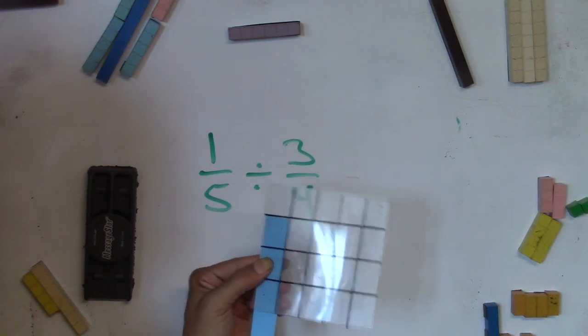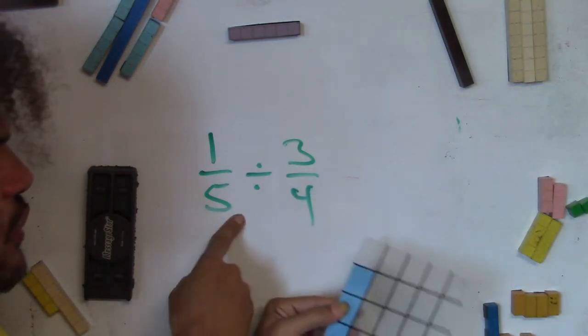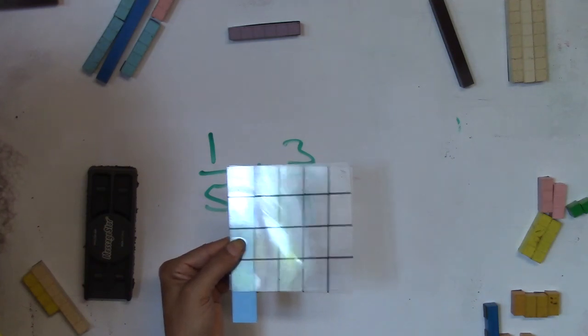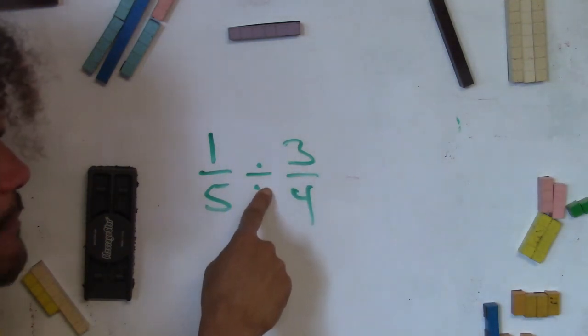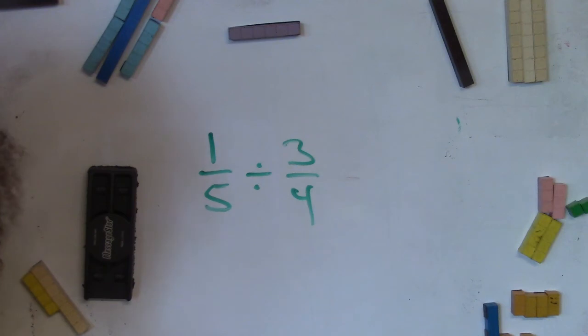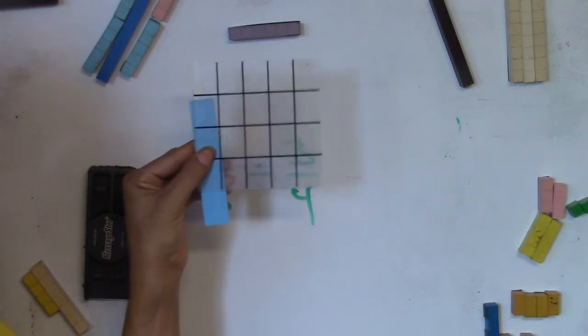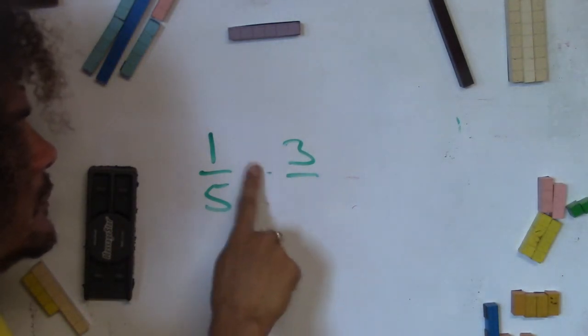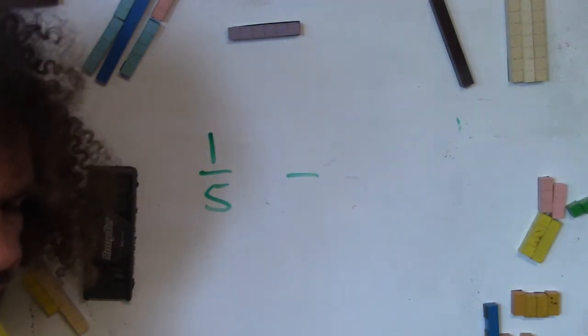Well, that's the thing. I'm not going to do 4 times 5. Why not? Because I'm dividing it by 3/4. So before I can do this part, I have to do this part. And you're going to get a completely different answer.